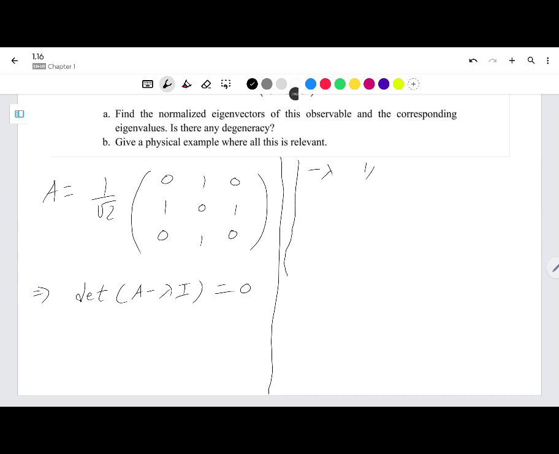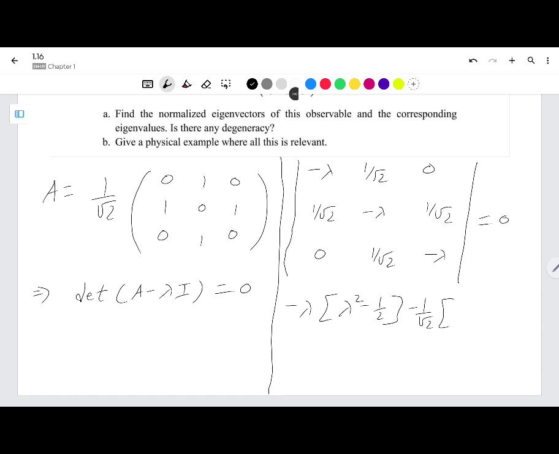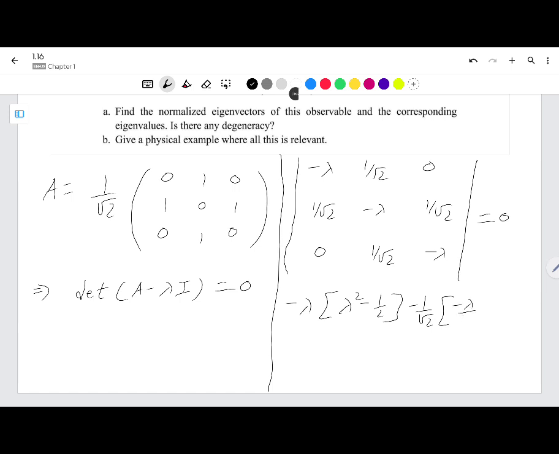This one, 0 minus lambda, squared by 2. Okay.